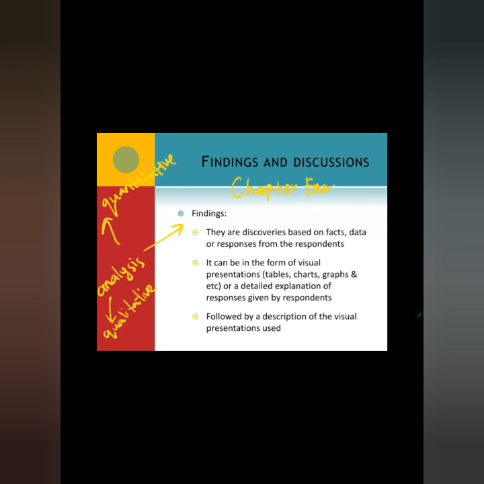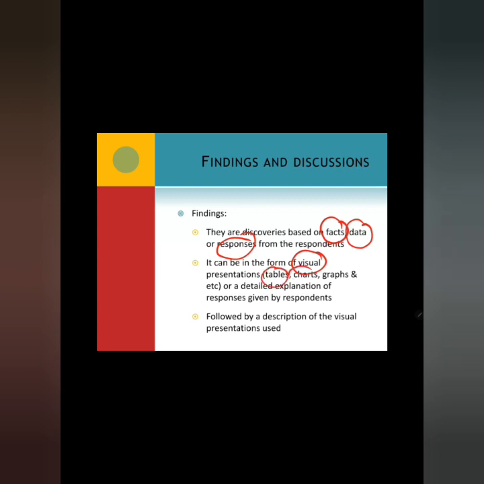So basically here, in the findings, we will deal with facts, data, and responses from the respondents. And then you will see visuals. You will see tables, charts, graphs, and so on.